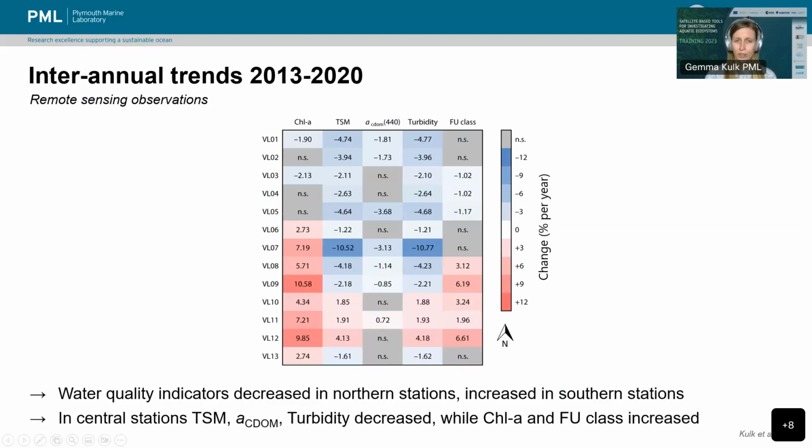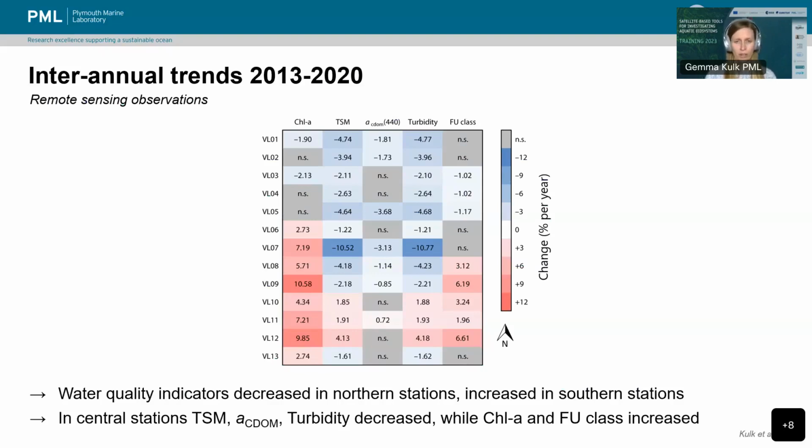And so results show that all water quality indicators decreased at the northern locations and increased at the southern locations. And at the central locations, opposing trends were observed, with total suspended matter, the absorption of colored dissolved organic matter and turbidity decreasing, and chlorophyll A and the FU classification of water color increasing over time.